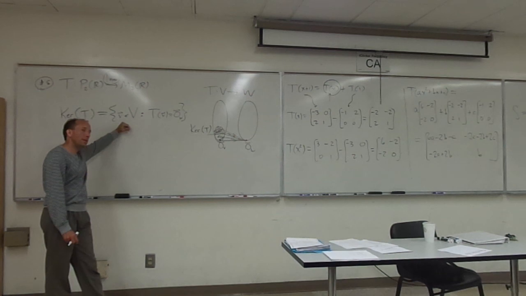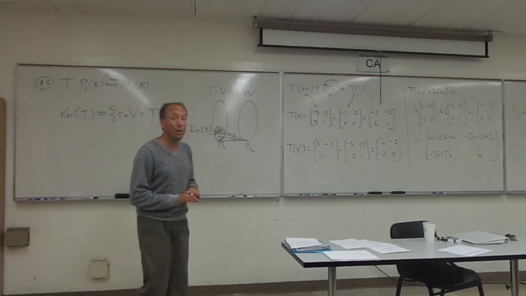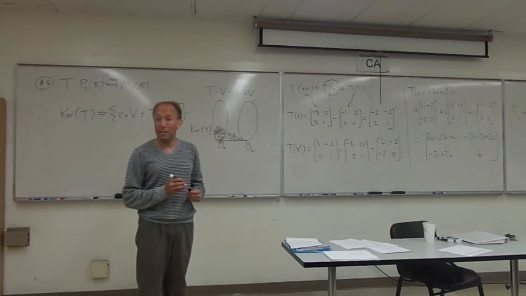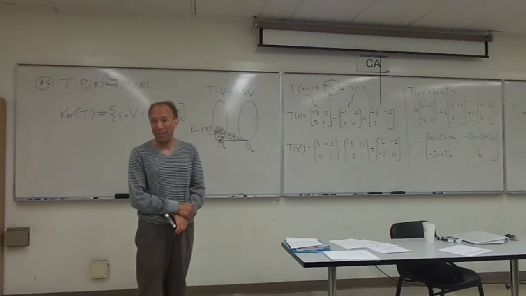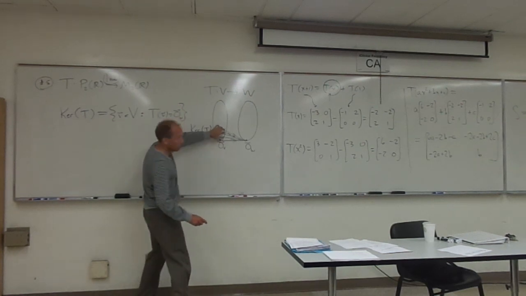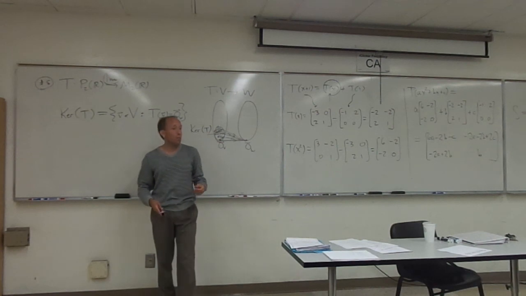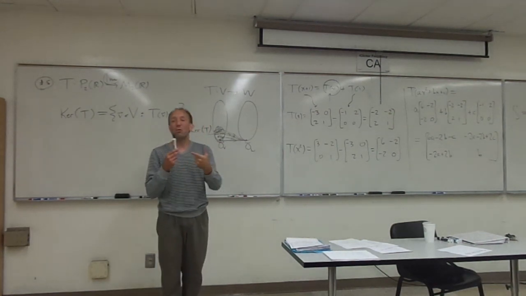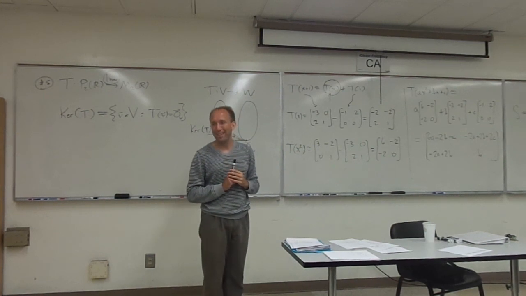Now, I'm going to save this for tomorrow night, but you could do it if you want for practice. It's very easy to show that that is a subspace of V. This little piece here, the kernel of T, is a subspace of V. That would require you to check closure under addition and closure under scalar multiplication.